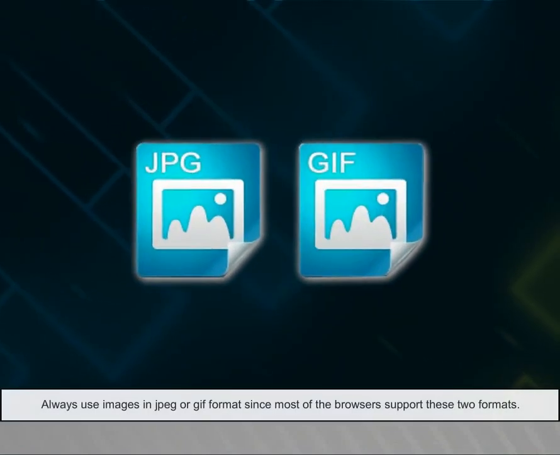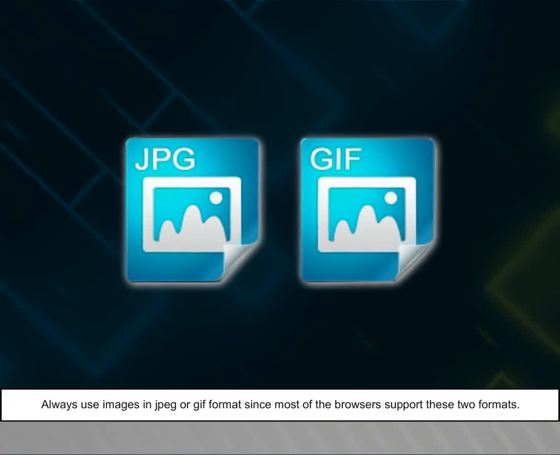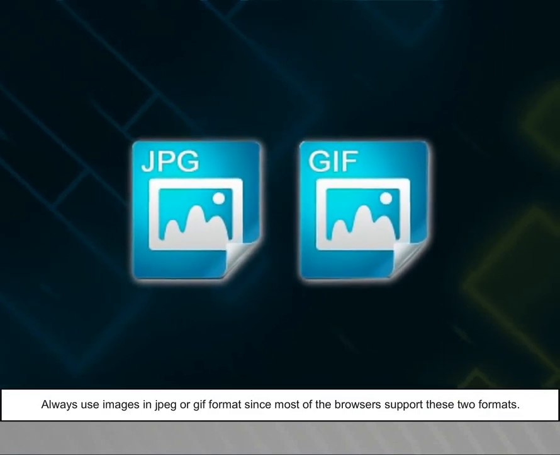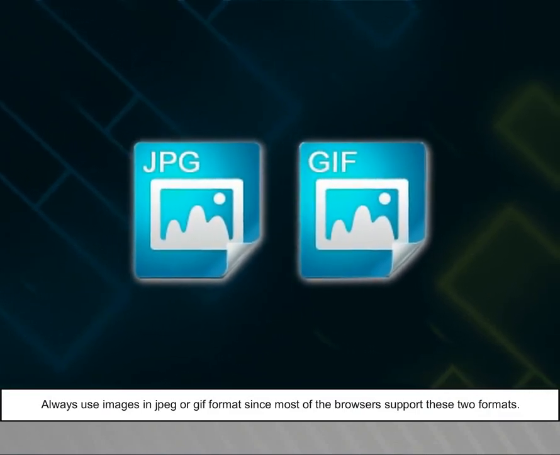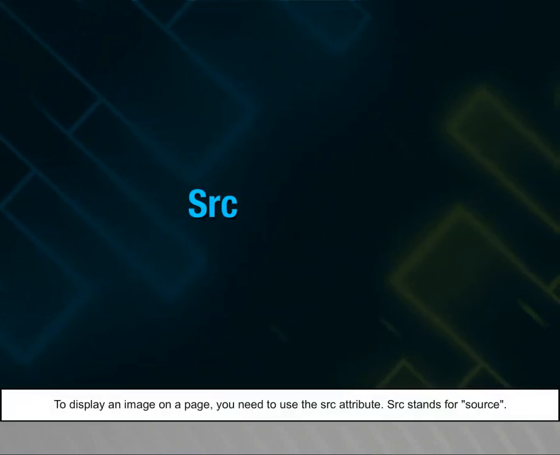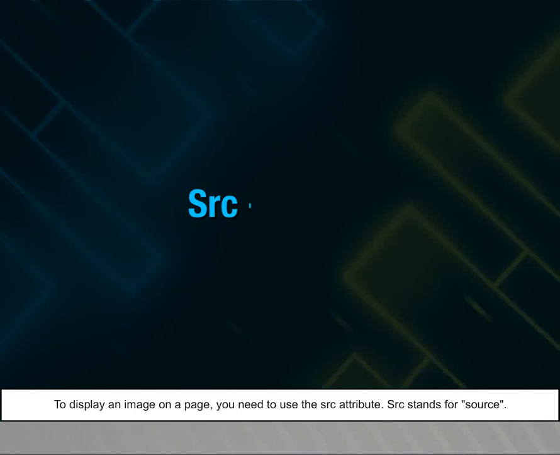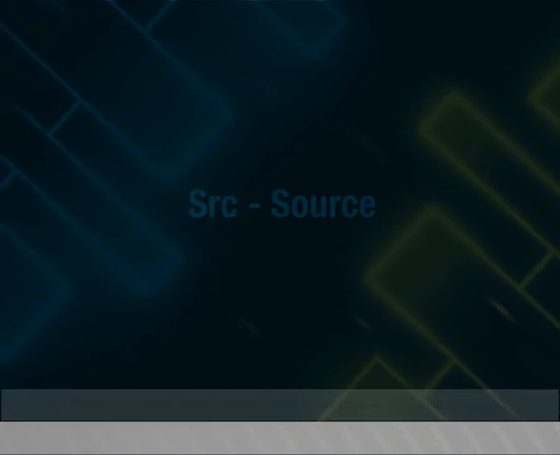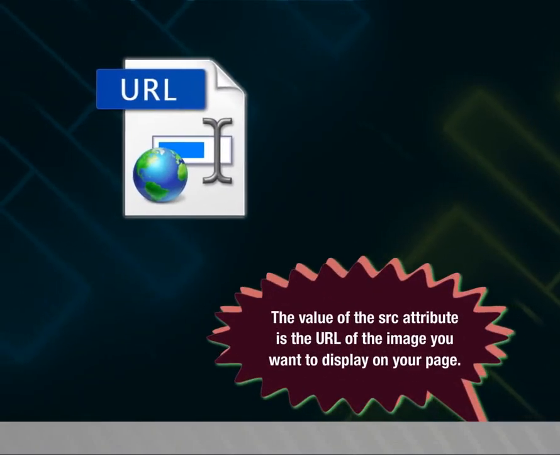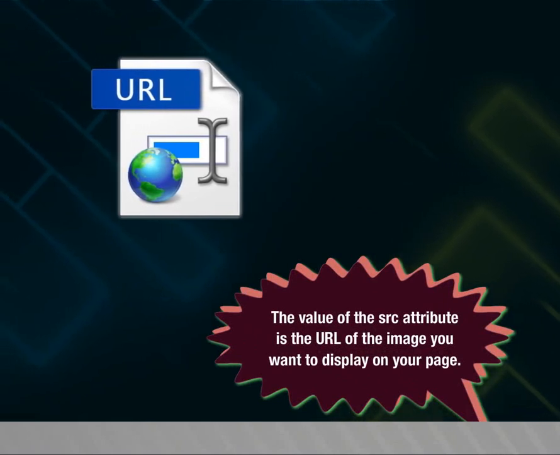Always use images in JPEG or GIF format, since most of the browsers support these two formats. To display an image on a page, you need to use the SRC attribute. SRC stands for source. The value of the SRC attribute is the URL of the image you want to display on your page.